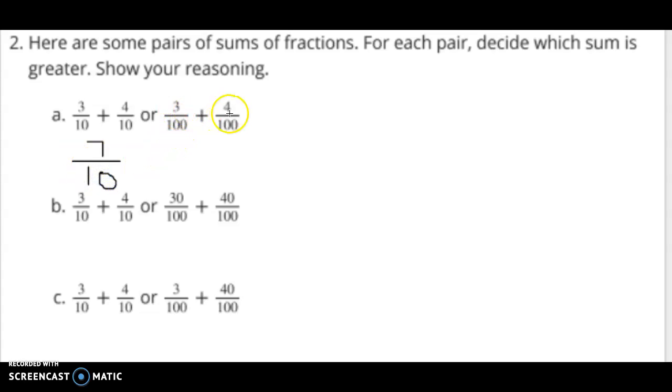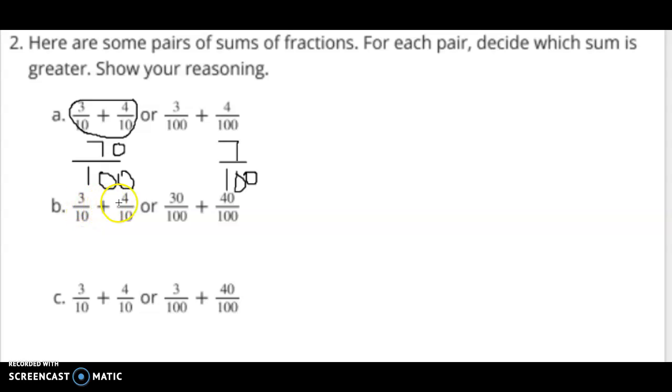Then if I added 3 plus 4, I would get 7 hundredths. Now they're different, but if I add a 0 to this side, you can see which one is bigger. Would you rather have 70 hundredths or 7? So 3 tenths plus 4 tenths is the larger one.